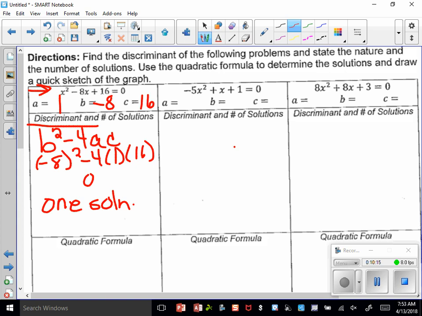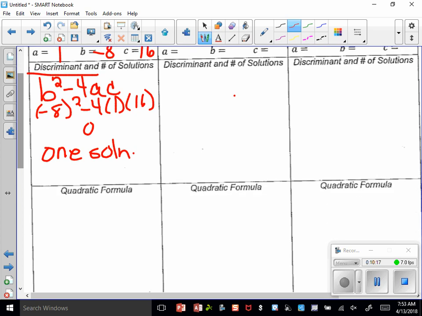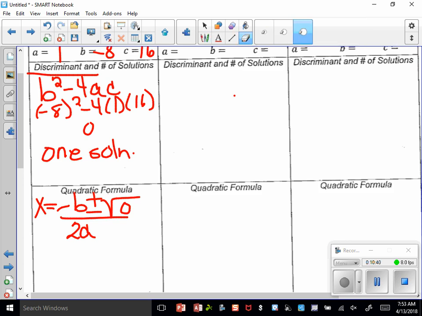So now we're going to go down to this part here where it says the quadratic formula. We're going to write the formula down first. X equals, because they're x-intercepts, the opposite of b. Okay, I'm going to do that part first, divided by 2a, plus or minus, and I'm just going to put b squared minus 4ac.